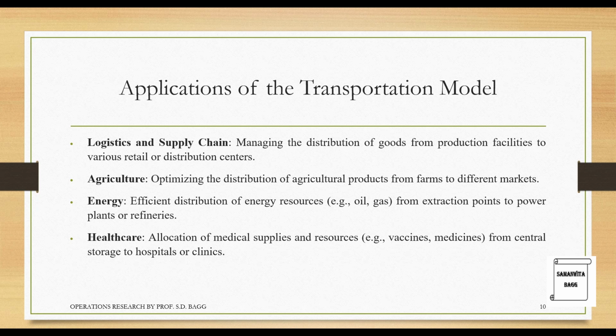Energy: efficient distribution of energy resources, for example oil or gas, from extraction points to power plants or refineries. Healthcare: allocation of medical supplies and resources, for example vaccines and medicines, from central storage to hospitals or clinics. So these are certain applications of the transportation model.